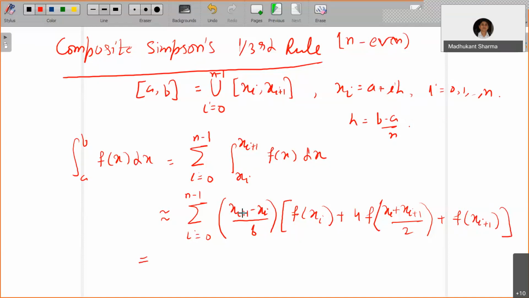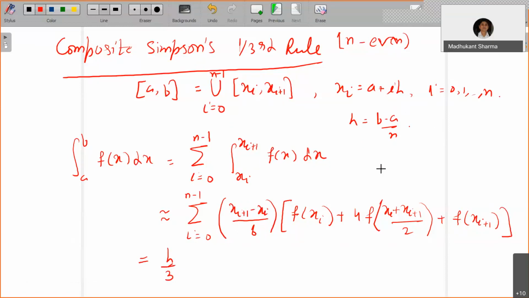So xi plus 1 minus xi by 2 will be the h for that case. If you compare with the previous methods, xi plus 1 minus xi was 2h actually. So this is going to be 2h by 6, so that is going to be h by 3. That's the first thing.